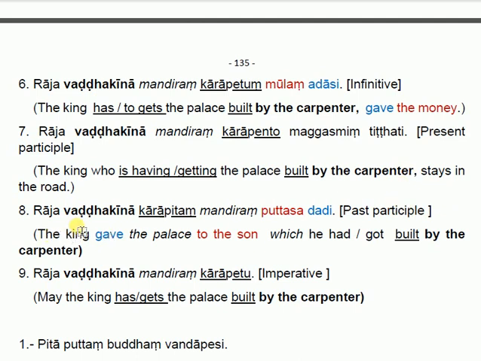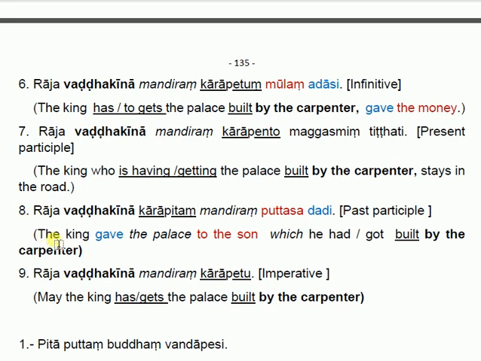Raja Vaddakina karapitang mandirang puttassa dadi. Here past participle. The king gave the palace to the son, which he had built by the carpenter, or which he got built by the carpenter.